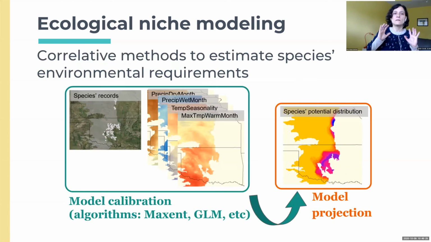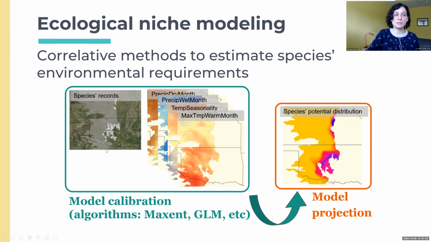Okay, so specifically with ecological niche modeling, what we are doing is we are using correlative algorithms to estimate species distributions based on their environmental requirements. So because the approach is making use of known presences and environmental conditions, the data requirements, at least at a first approximation, are quite clear or simple.